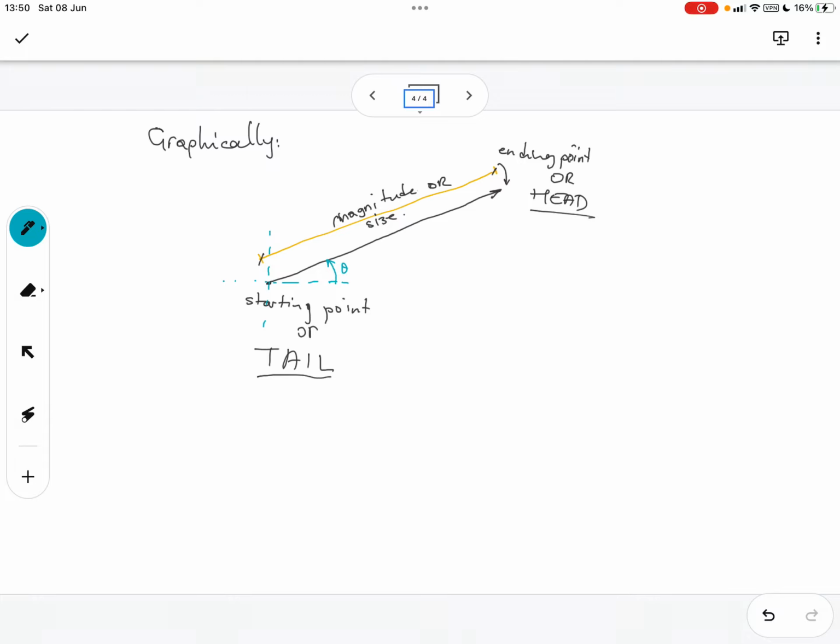And then let's just assume we have an imaginary axis where the vector starts, then there will be a direction. Actually, in physics, we count the other way around. We count clockwise from the y-axis and go around. So this would be the angle, and that angle would be the direction. Okay?